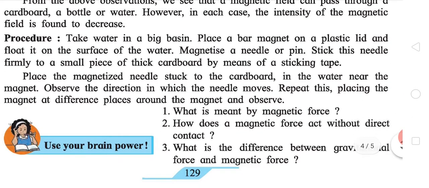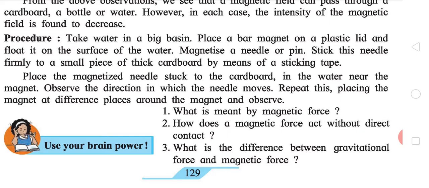Procedure: Take water in a big basin. Place a bar magnet on a plastic lid and float it on the surface of the water. Magnetize a needle or pin. Stick this needle firmly to a small piece of thick cardboard by means of sticking tape.